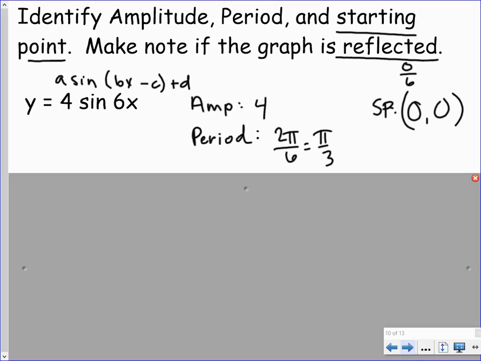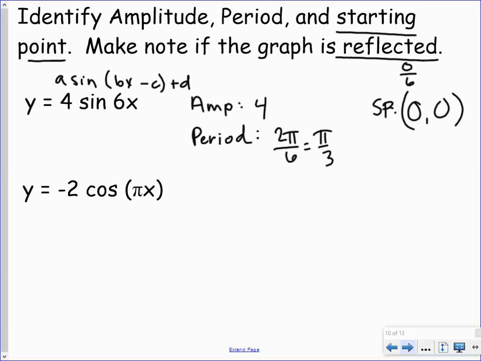Can you try this one for me really quickly? Y equals negative 2 cosine pi x.